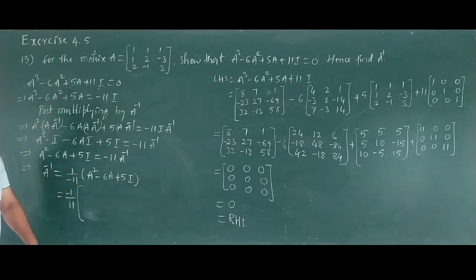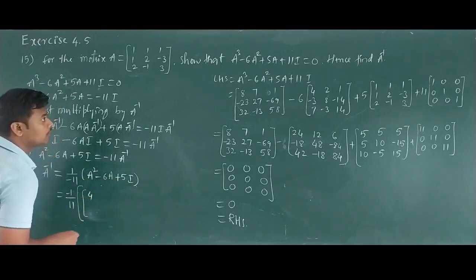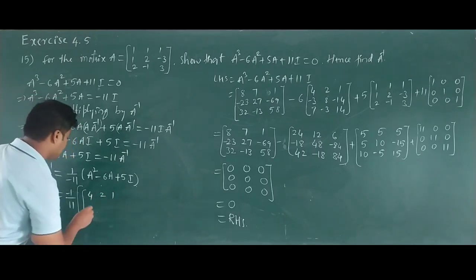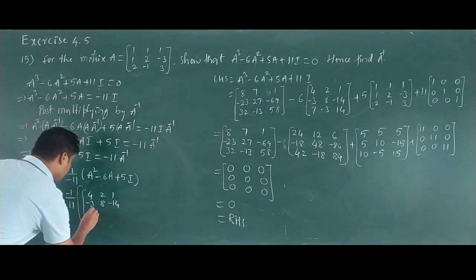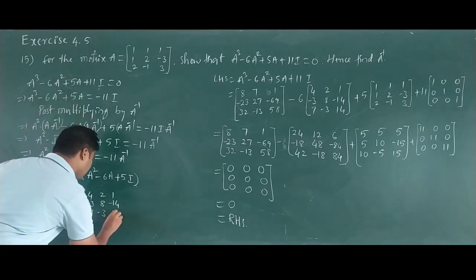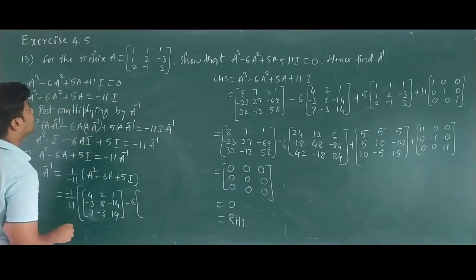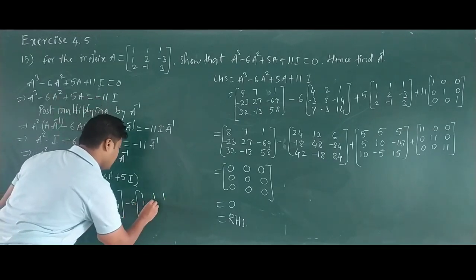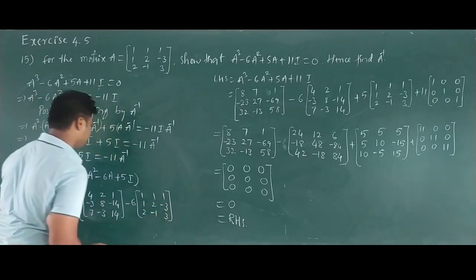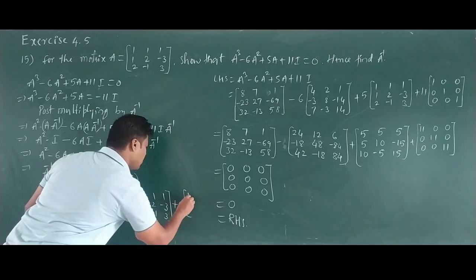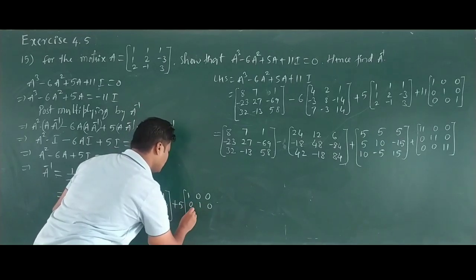A square value we already know: 4 2 1, minus 3 8 minus 14, 7 minus 3 14, minus 6A, where A is 1 1 1, 1 2 minus 3, 2 minus 1 3, plus 5I, 1 0 0, 0 1 0, 0 0 1.